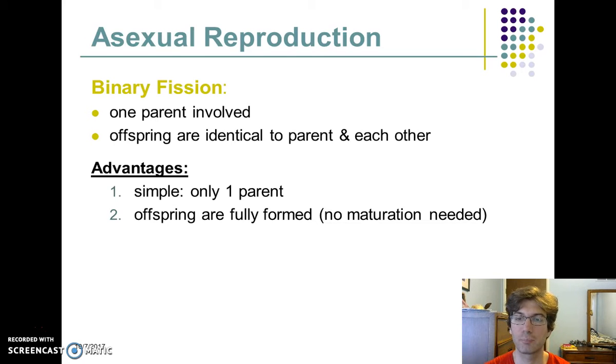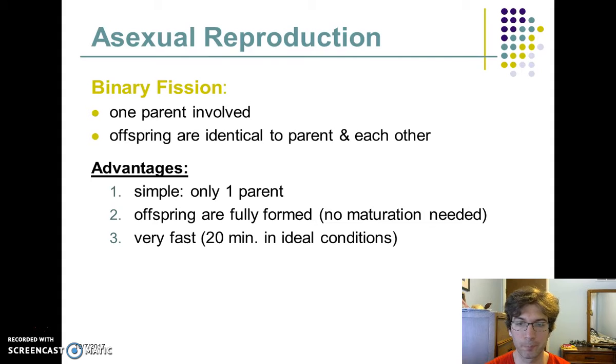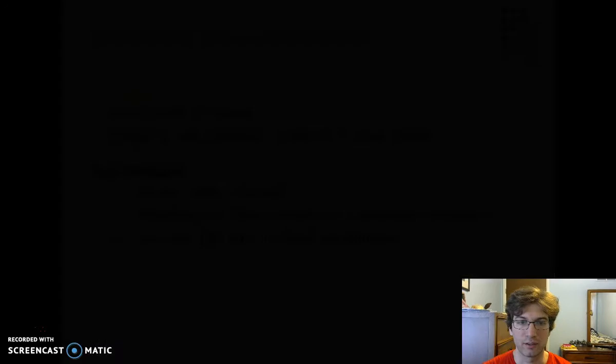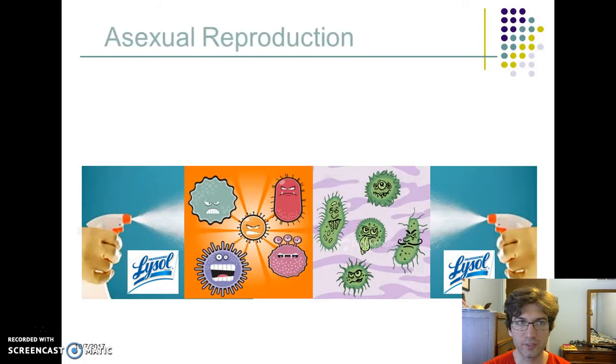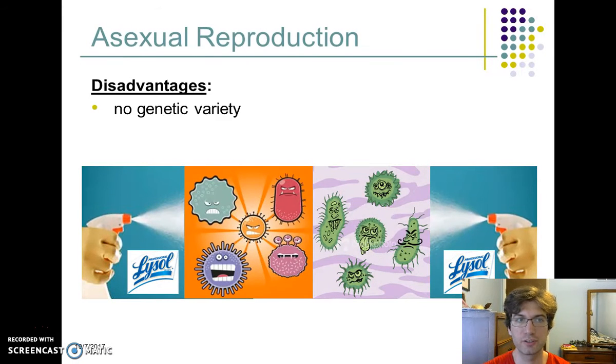You get an exact copy of the original parent. Another benefit is that this is fast, especially in ideal conditions. Bacteria can go through binary fission once every 20 minutes if it is in good conditions.